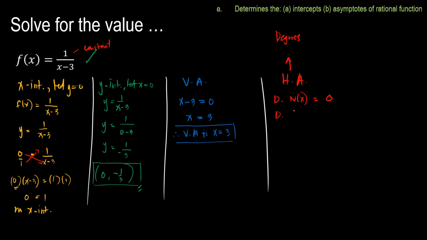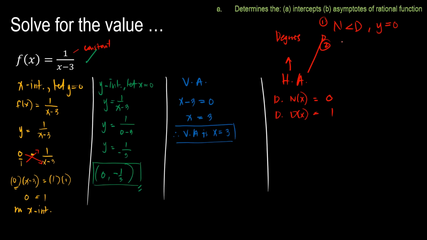The degree of the denominator is 1. Okay? So, ang condition lang naman natin, class, kapag horizontal ang pinag-uusapan in terms of degree, ang first condition natin, if the degree of the numerator is less than the degree of the denominator, then y is equal to 0. So, horizontal asymptote is equal to 0.